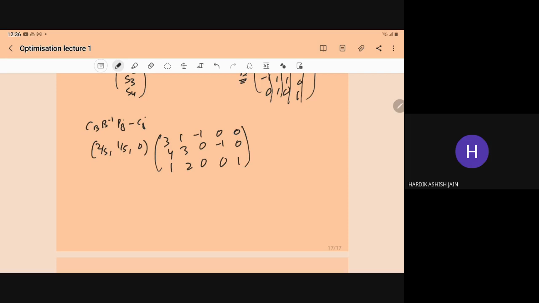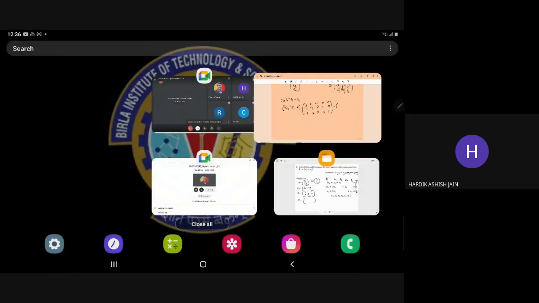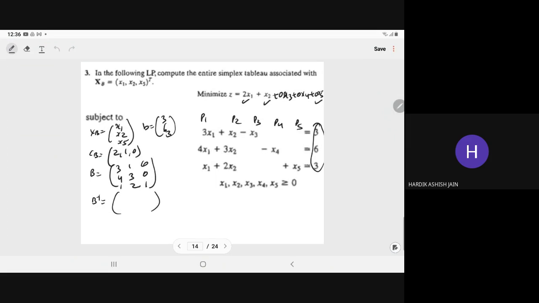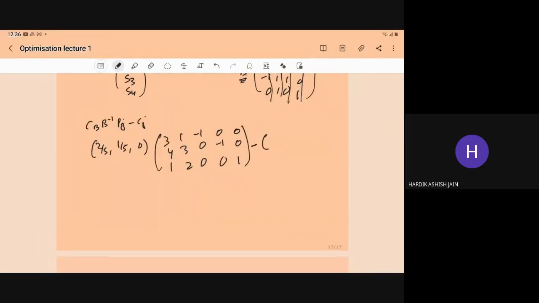That is your PJs, right? PJs minus CJs. CJs means cost corresponding to x1, x2, x3, x4, x5. So costs are 2 1 0 0 0. So that is your CB B inverse PJ minus CJ.